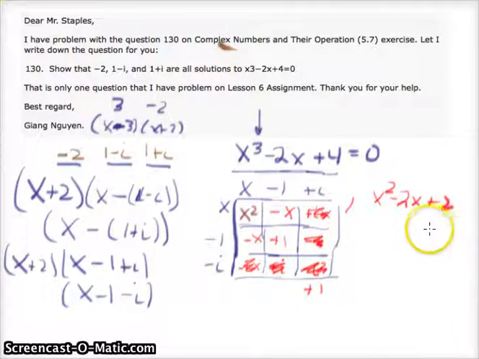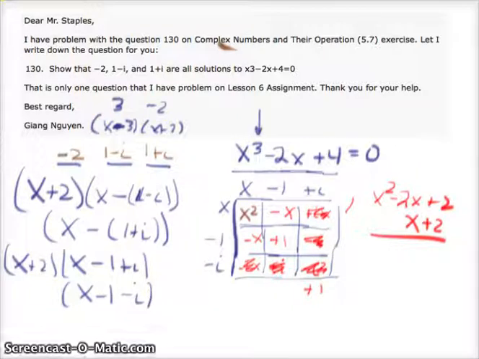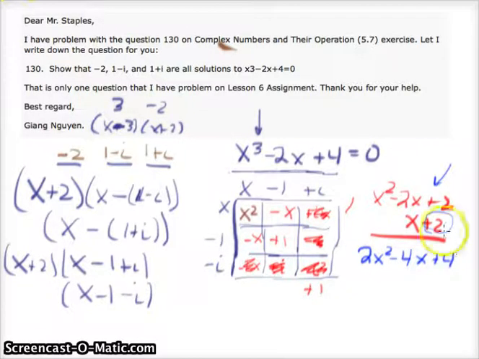Now, what's going to happen if I multiply this by x plus 2? Well, I could use the box method that I used here. I'll show you another method of doing this. It's very simple. So we're going to multiply everybody by this plus 2. The top by the plus 2 is going to be 2x squared minus 4x plus 4. Now we've got to multiply everybody by the x.